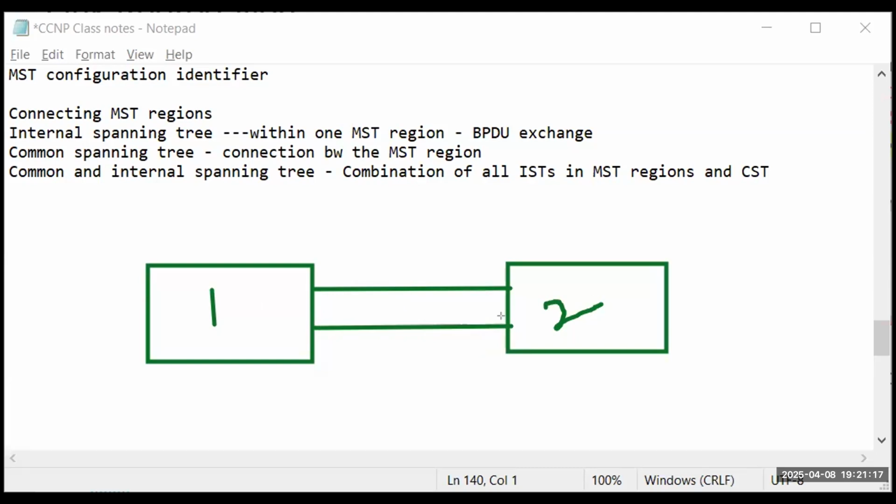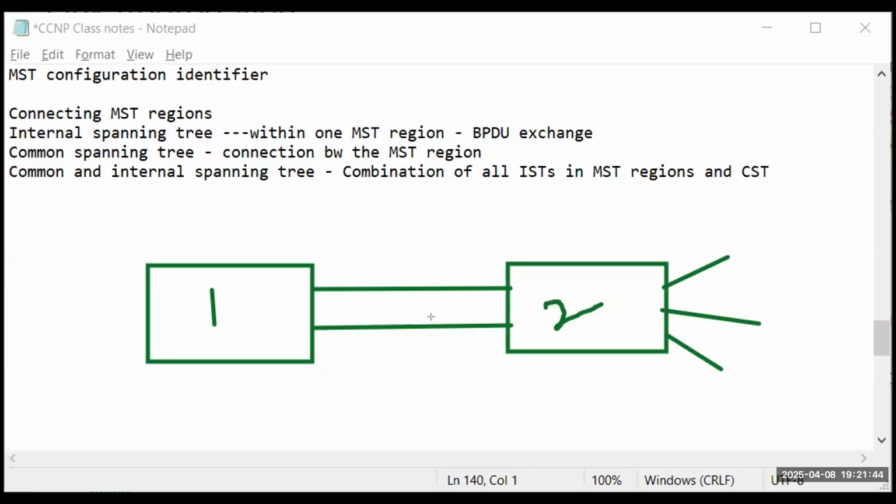So with this redundant link, what will happen? I'll get double the speed. If the link speed is 100 Mbps here and 100 Mbps here, I'll get 200 Mbps, and my users connected over the access ports on this switch will be very fast. But with spanning tree enabled on this network, what will happen?